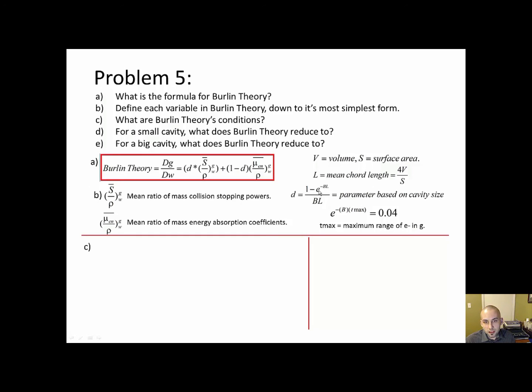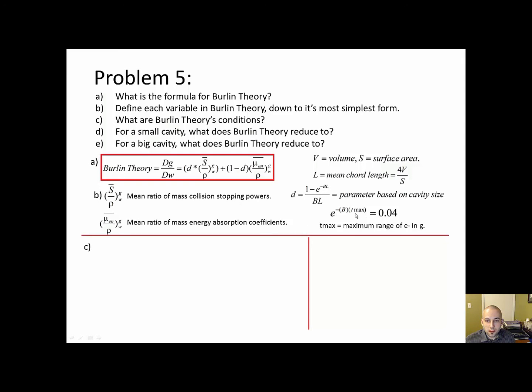1 minus e to the exponent negative b. We use this formula to calculate b. And L. L can be calculated by 4 times the volume over the surface area. And over b L. So this is how we calculate d, and we need to calculate b and L to get d.